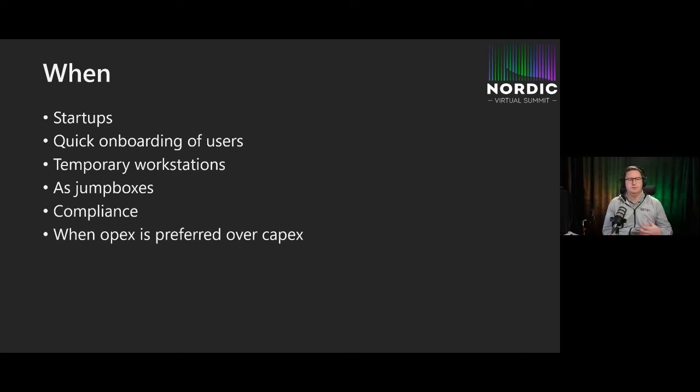Also, if you prefer operational expenditures over capital expenditures, this could be a personal preference, it could be a company preference, but it could also be the only choice that you have. Investing in a physical device might be better in the long run, but if you can't afford one, then purchasing a Windows 365 license and paying for that on a monthly basis might be your only choice.